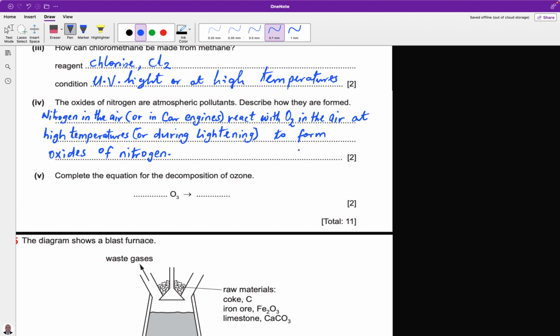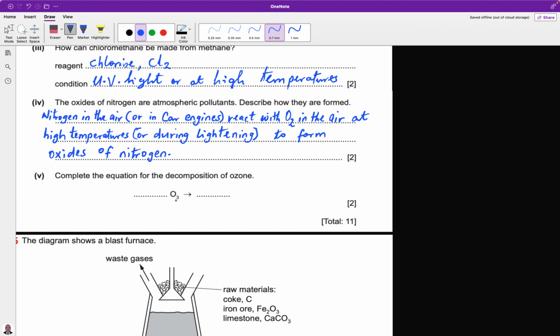If you have done revision on your nitrogen cycle, you will know what I am telling you. You write like that, you have your 2 marks.